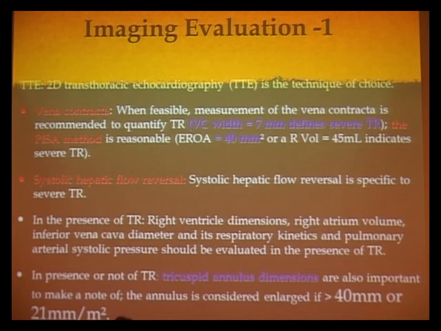Imaging is very much important, and transthoracic echocardiography, as it was mentioned, is very much important. And there we need just to make a distinct decision about whether we will repair or not. We need quantitative measurement of the regurgitation.